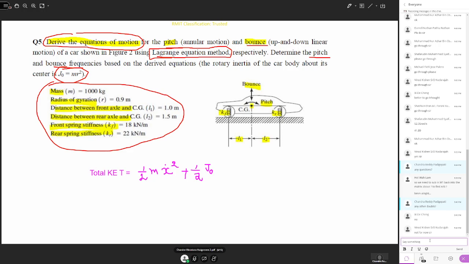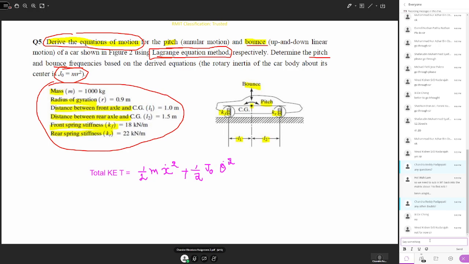Then the linear velocity x dot is replaced with theta dot, the angular velocity. So this is something like half I omega square. This is the total kinetic energy T.